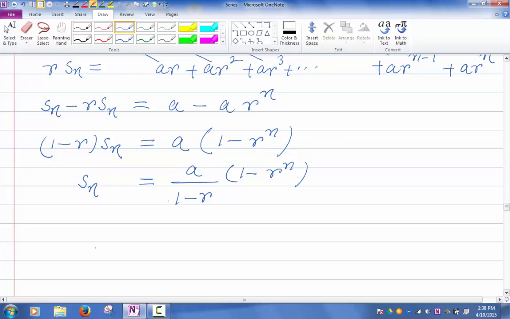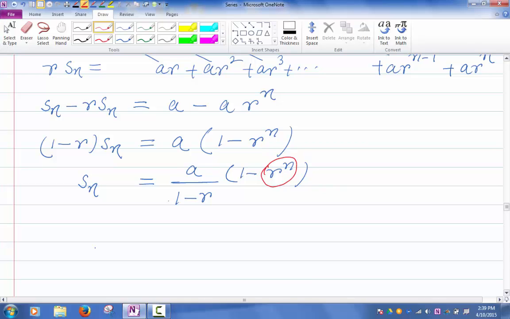Now we are going to look at the limit of Sn as n goes to infinity. Now, remember r is not 1, right? So that's why I could divide by 1 minus r. Otherwise it doesn't make sense. Now, do we understand the sequence r to the n very well? Remember, the last thing that we did in sequences was talk about the sequence r to the n.